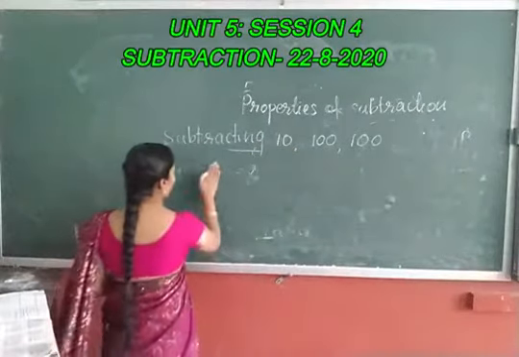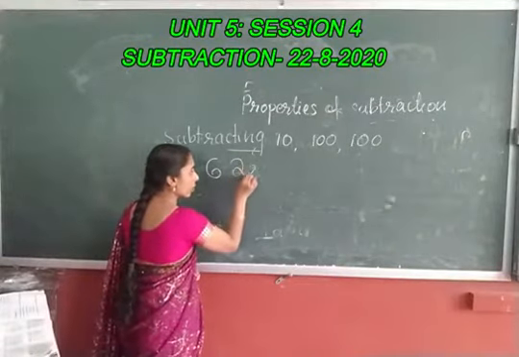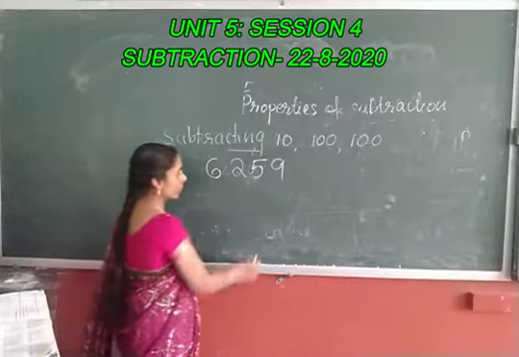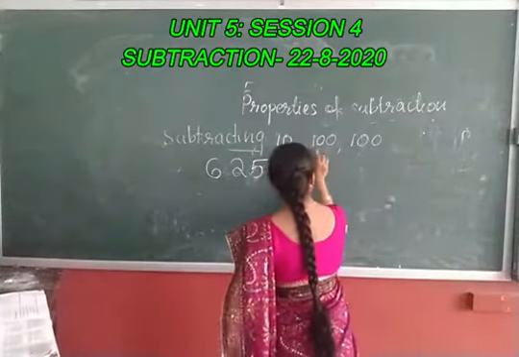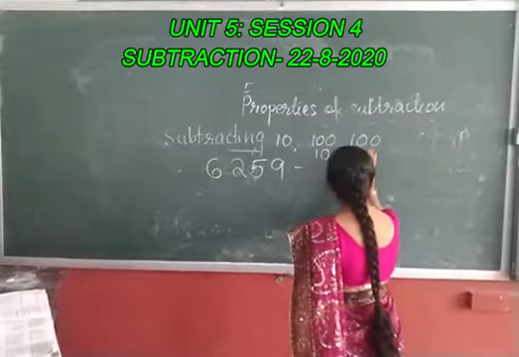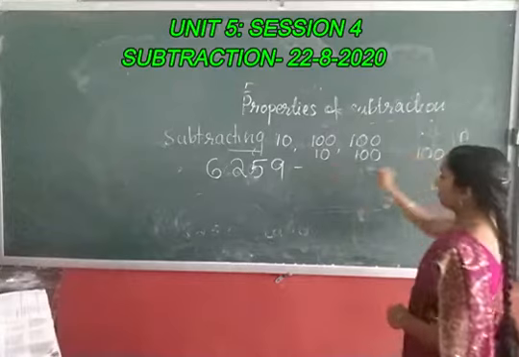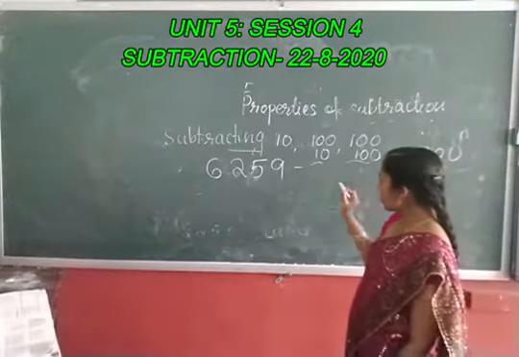Here I will show you how to do it. 6,259. Here, subtraction by 10, subtraction by 100, and subtraction by 1000. Just for understanding, write here 6,259.